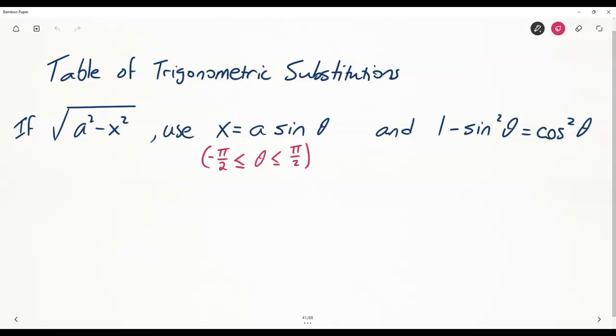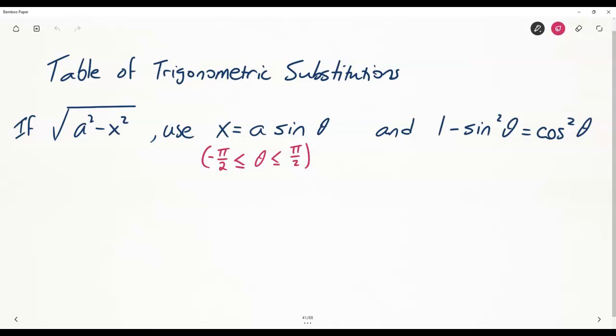What is a? Sort of depends on the problem. If this number right here would have been 16 minus x squared, a is equal to 4, and I would let x be 4 sine of theta. If this is 7 minus x squared, then a is going to be the square root of 7 for that problem, and I would let x equal the square root of 7 times sine of theta.